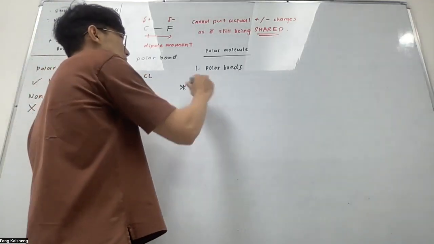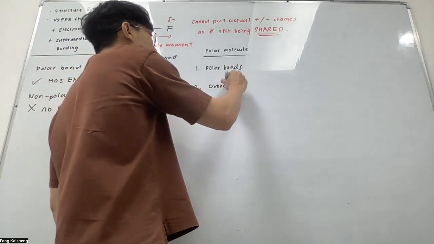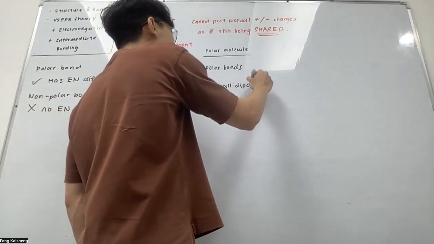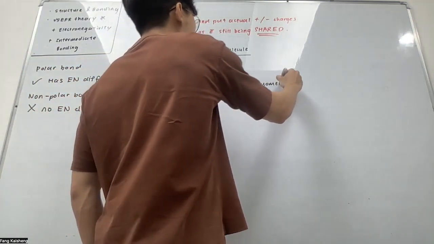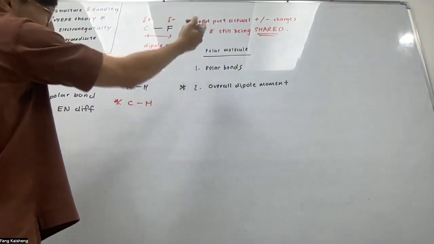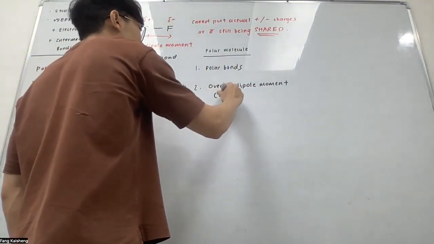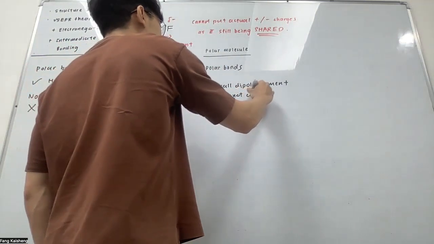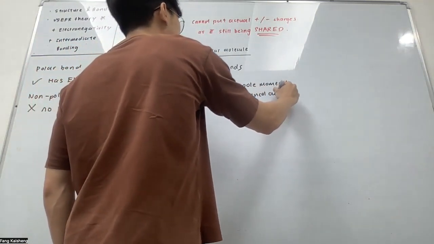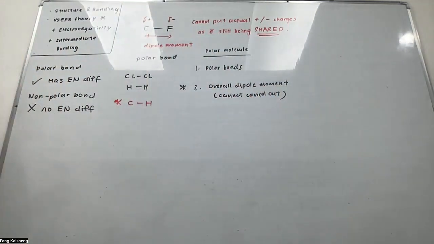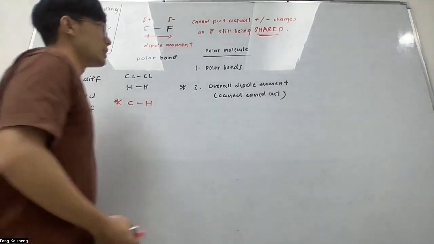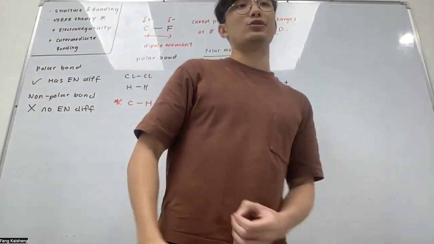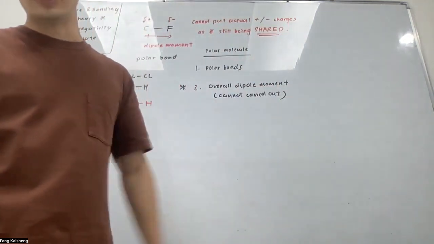My point is here. There must be an overall dipole moment. What does this mean? There must be an overall line. So take note, it cannot cancel out. Later we use examples to explain. Everything here is linked, because you look at the next page, right? We're just going to use examples to talk about this.